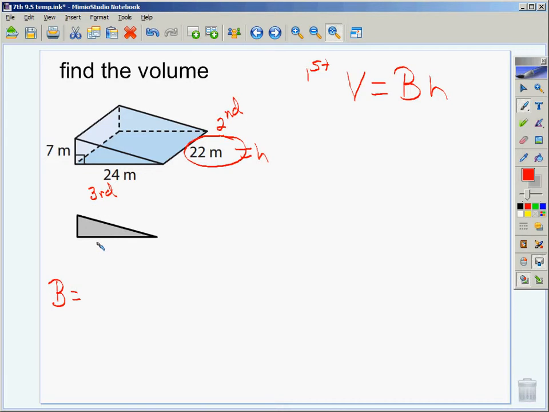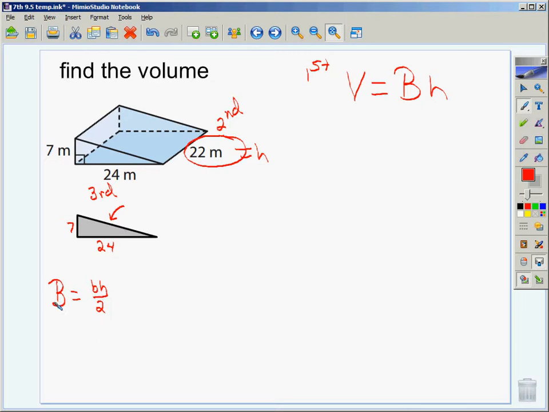And I'm going to put the numbers in on this triangle that are here. Notice, they didn't give me the third side of this triangle. That would be a problem if I needed the perimeter. Do I need the perimeter this time? No. I'm just going to do base times height divided by 2 because it's a triangle. Notice I used a lowercase b.